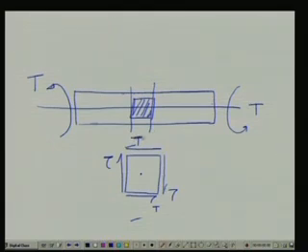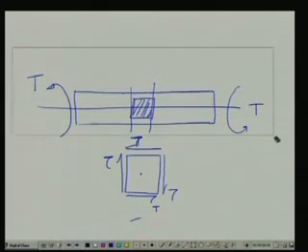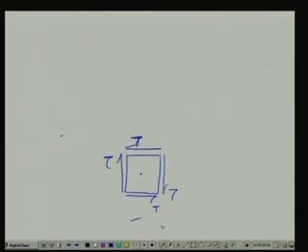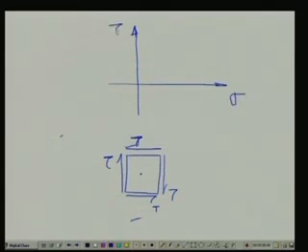Now, if we try to find the state of stress through a Mohr circle, I suppose you remember the Mohr circle we discussed in the last class or maybe one or two classes earlier. So, we plot sigma and tau as the two axes for the Mohr circle. And what is the state of stress?